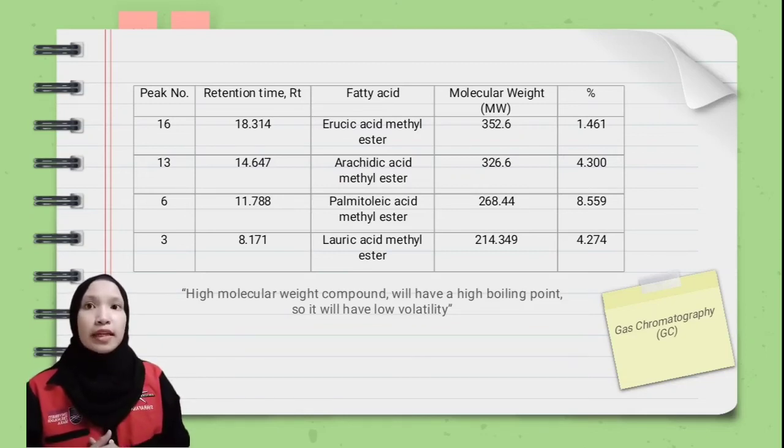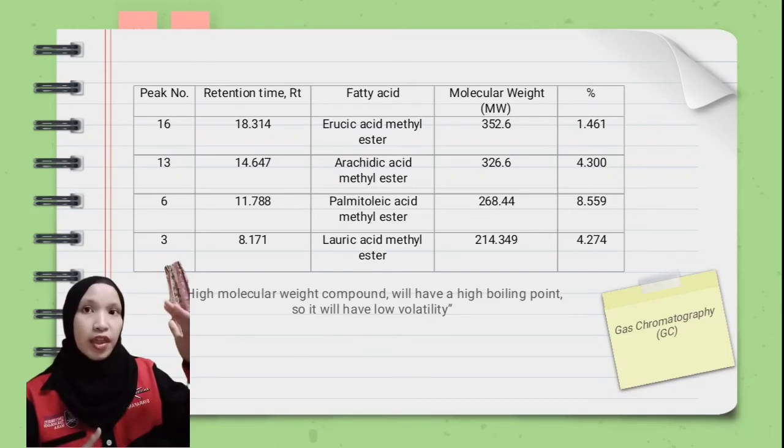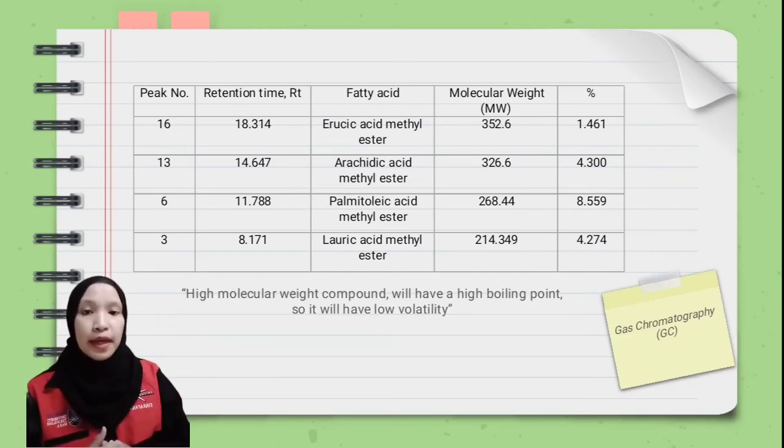Next, palmitoleic acid methyl ester will elute after lauric acid methyl ester because it has a lower volatility, which means higher molecular weight and higher boiling point compared to lauric acid methyl ester.